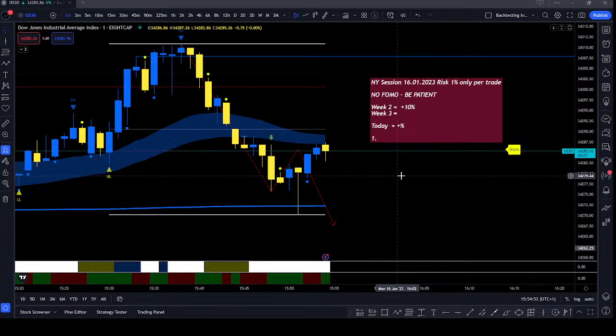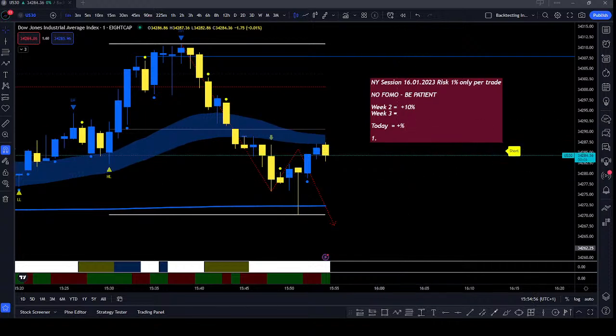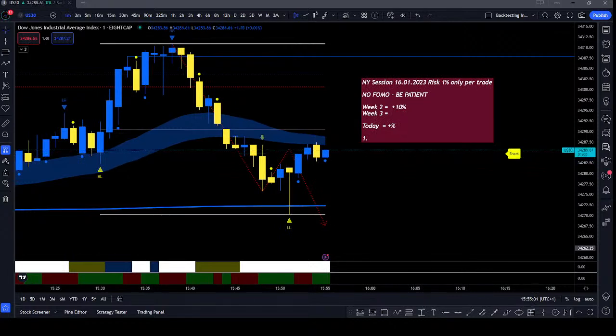Still no strong movement, still no huge volatility here. There is some really strong issue with TradingView's live stream today. It keeps getting disconnected.